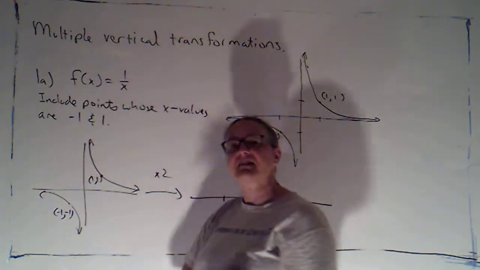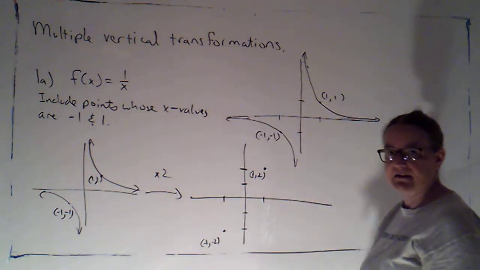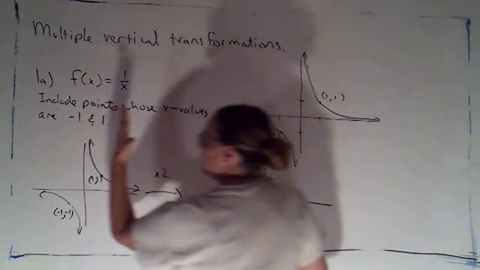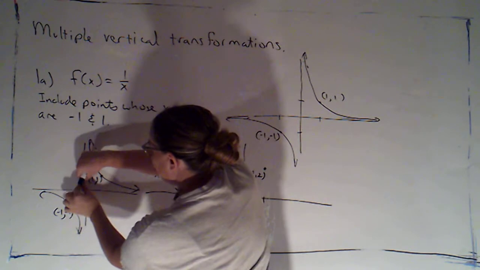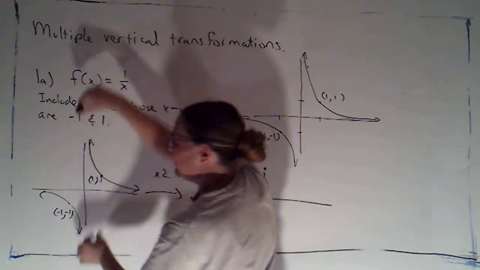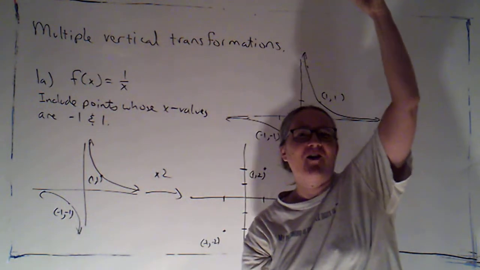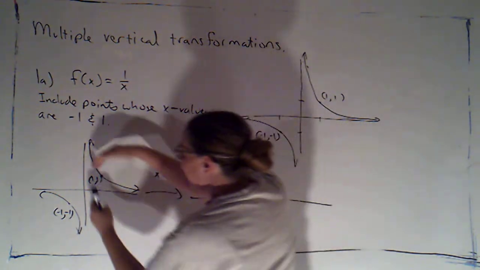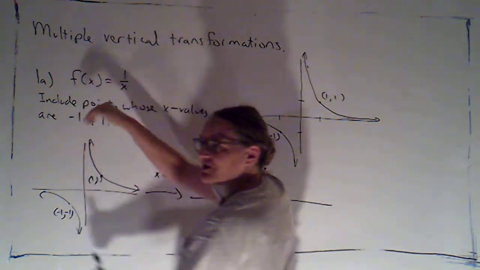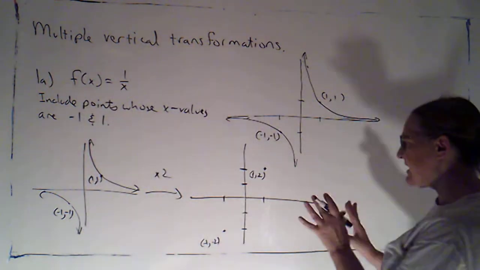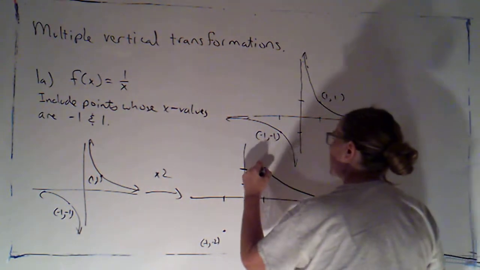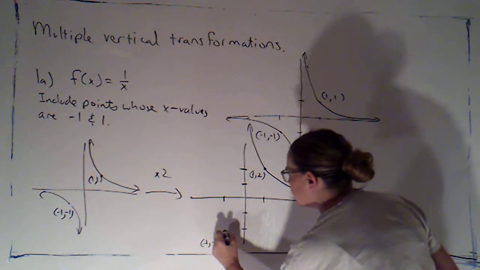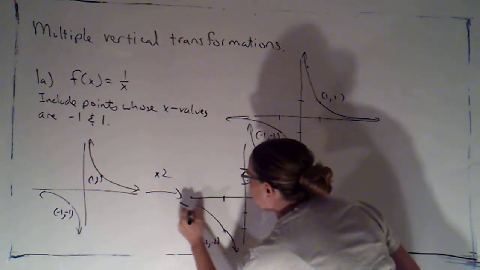So the x-axis is still a horizontal asymptote. Here, this is a vertical asymptote. Now, if I'm stretching it by a factor of 2, well, it was already infinitely tall, okay? So that's not going to change the location of this asymptote at all. So the asymptotes are actually still in the same place. We're going to still have a horizontal asymptote on the x-axis and a vertical asymptote on the y-axis.